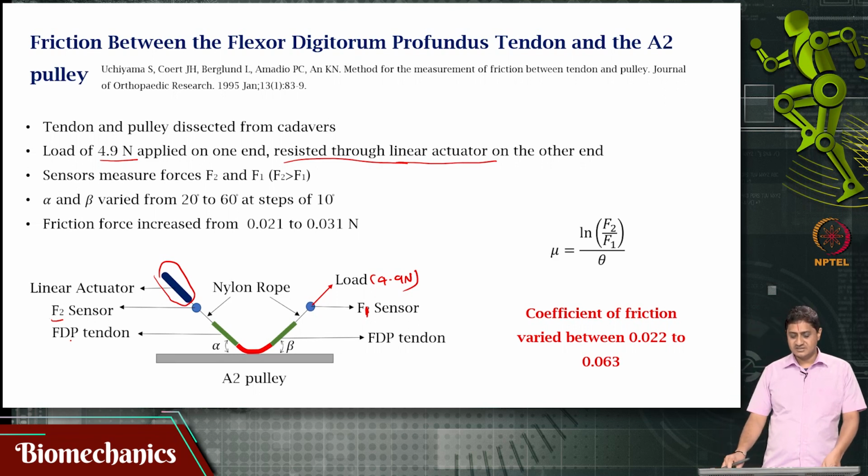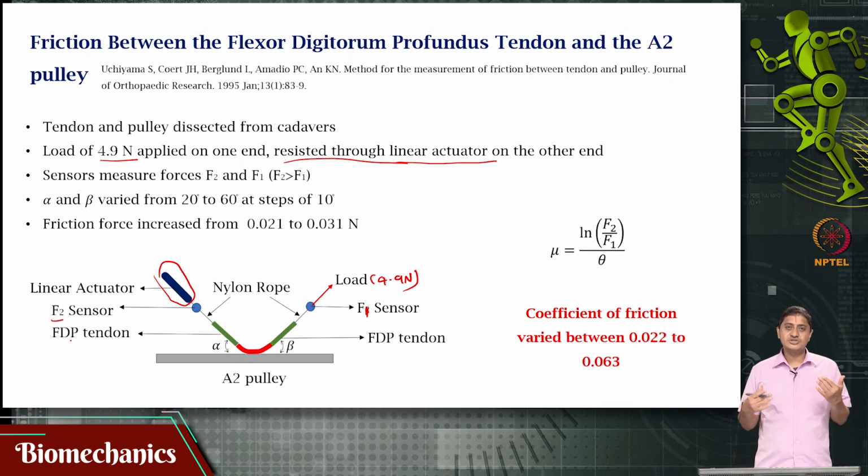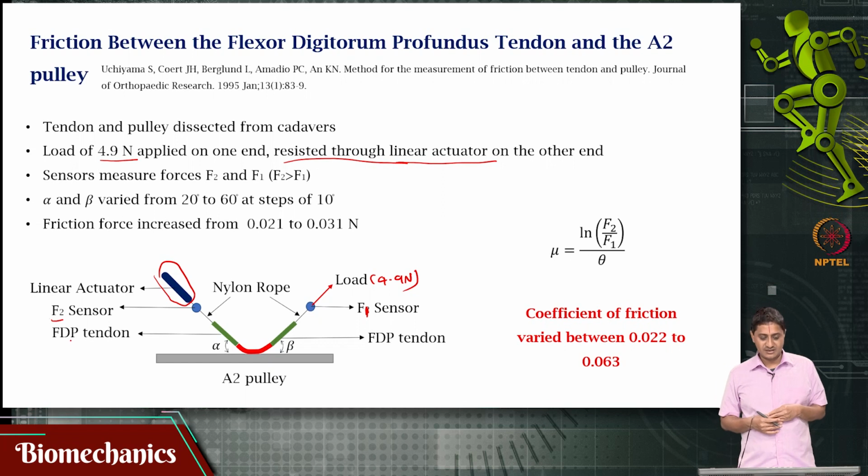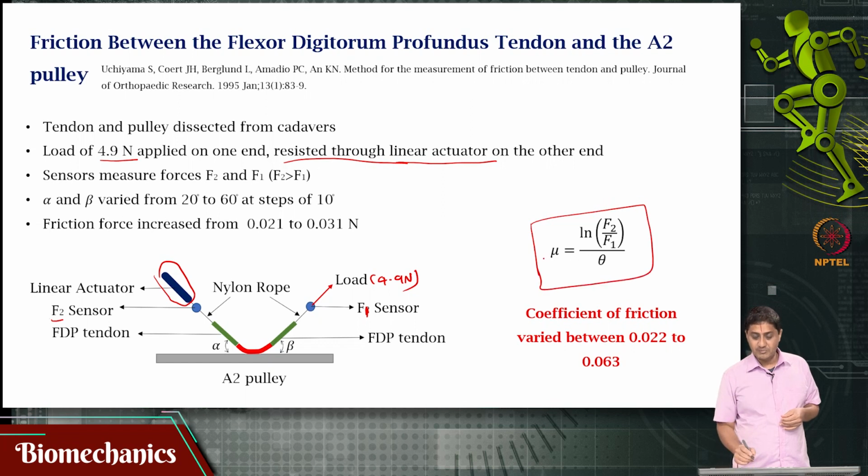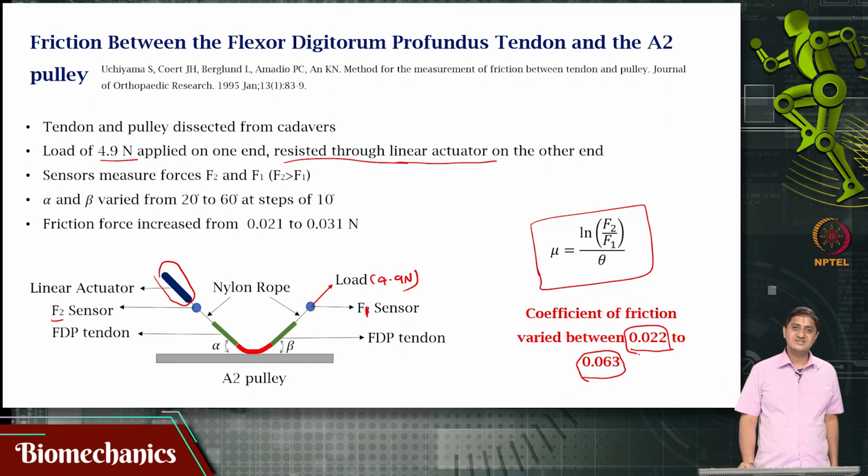And they changed alpha and beta so as to change the contact angle, and they found that the frictional force changed from 0.021 to 0.031. And they used this formula to compute the coefficient of friction between the A2 pulley and the tendon, and they found that the coefficient of friction between the A2 pulley and the flexor digitorum profundus tendon is between 0.022 and 0.063.